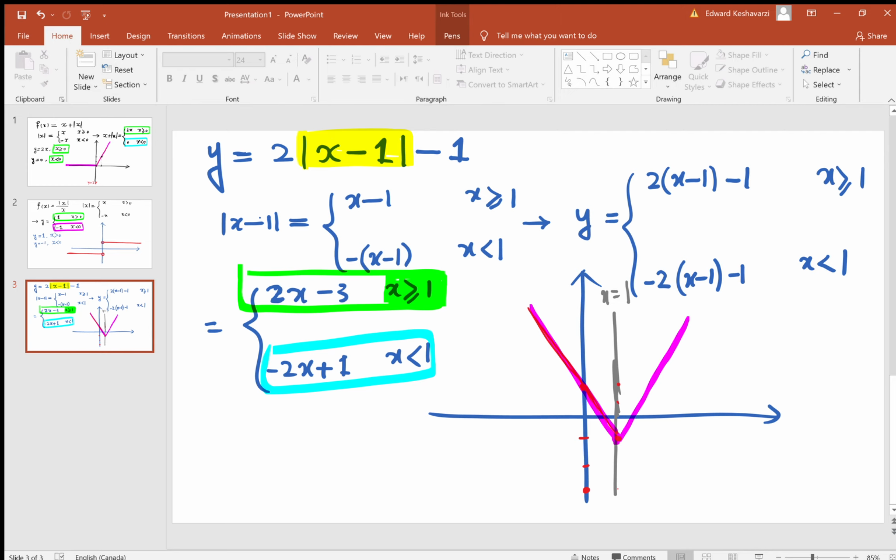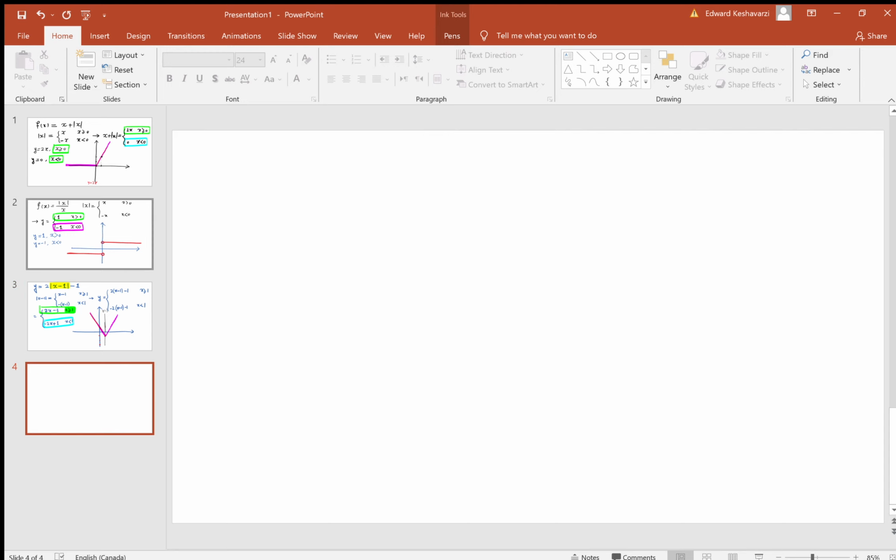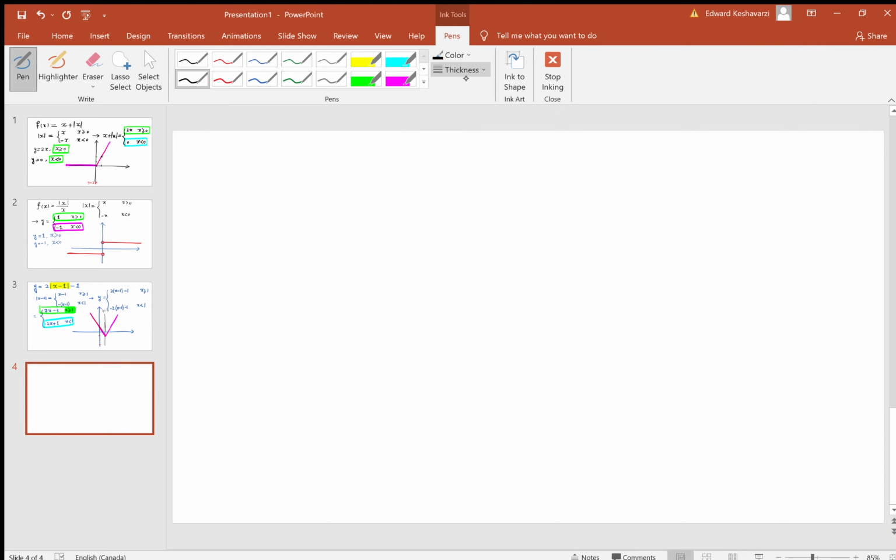And let's do the last example of today. So y equals x times the absolute value of x minus 2.